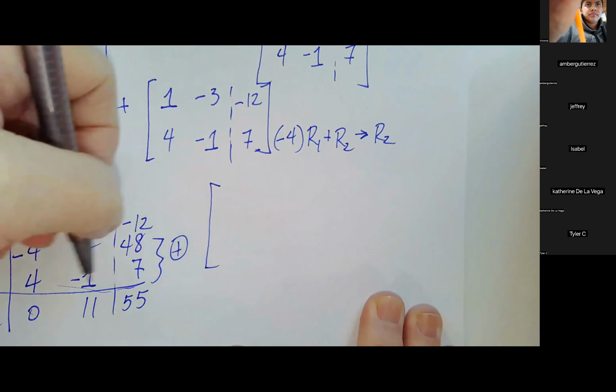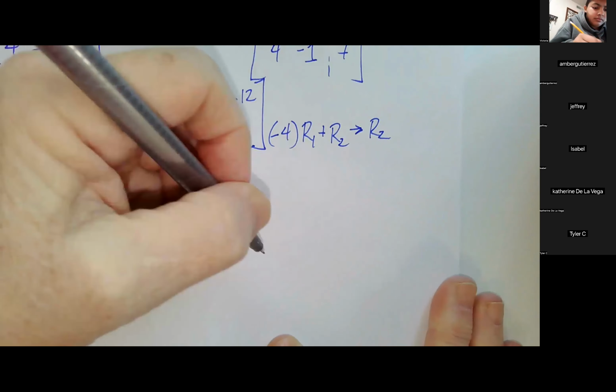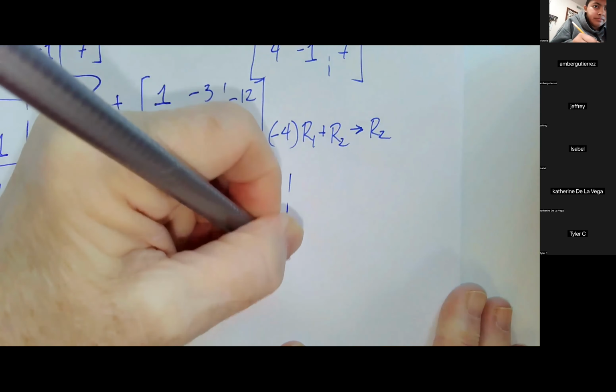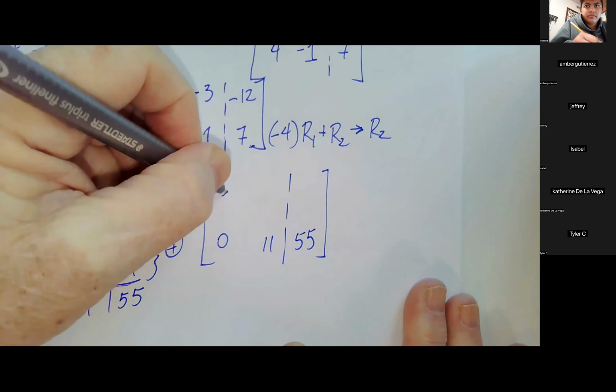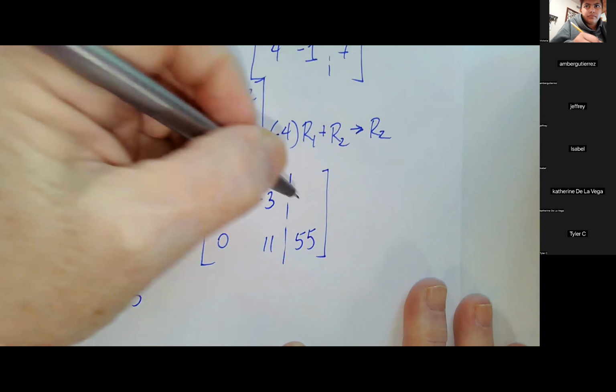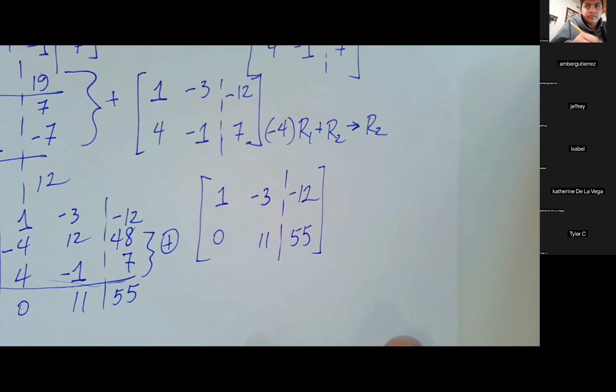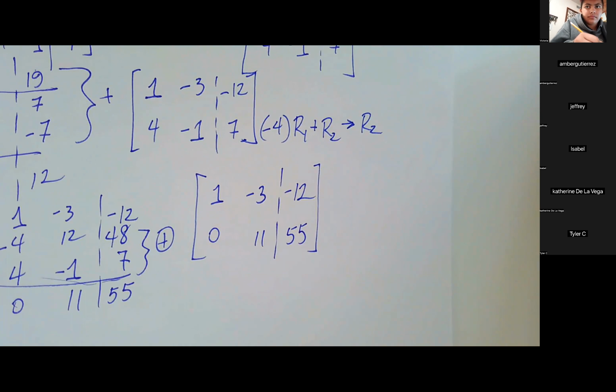So our new system, row 2 is now 0, 11, 55. Row 1 is still 1, -3, -12. And we're going to go ahead and do what? Divide or multiply.